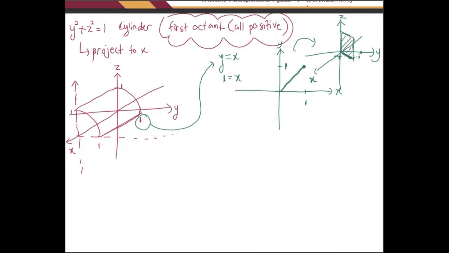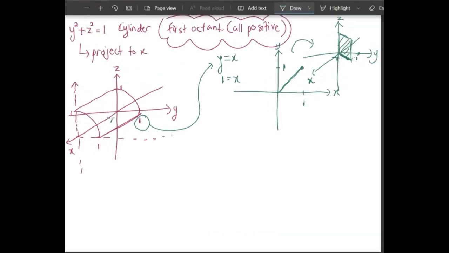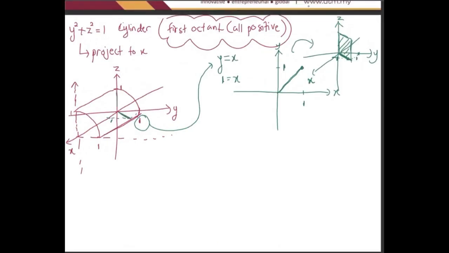If I sketch here, you imagine one is here, so this is the line, and then I sketch the 3D here.